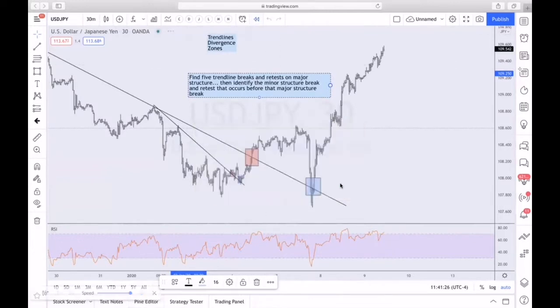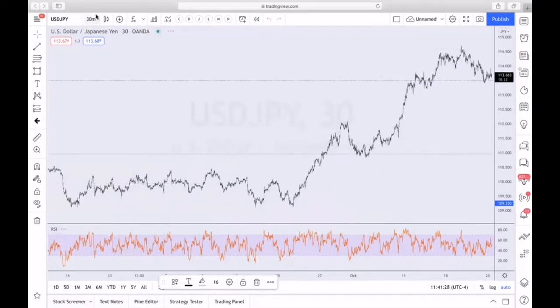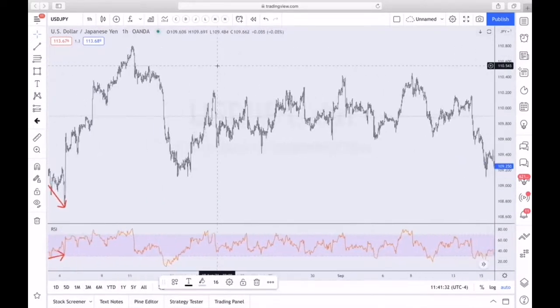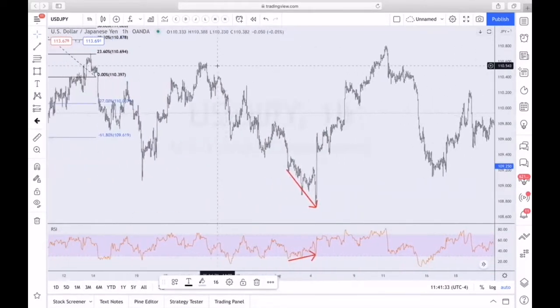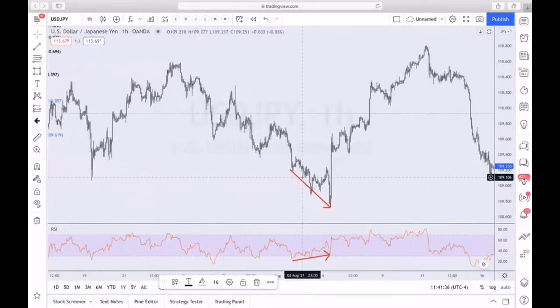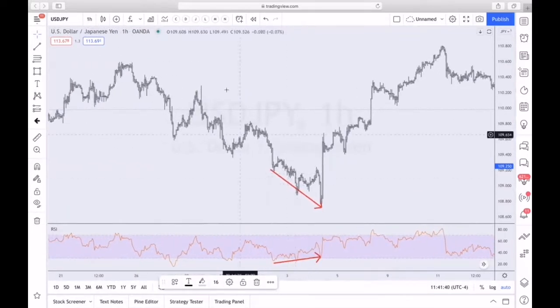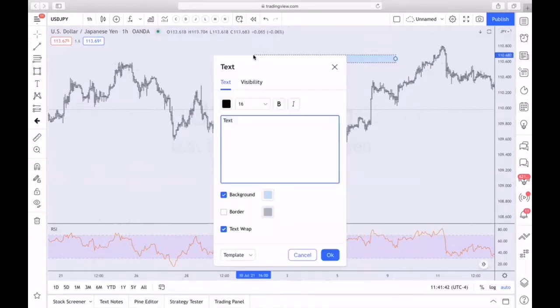Now, the next part that I use in regards to confluences is something called divergence. So we have an example right here, and I'm gonna do some examples from scratch also, but divergence is basically where you have 2 things doing the opposite.